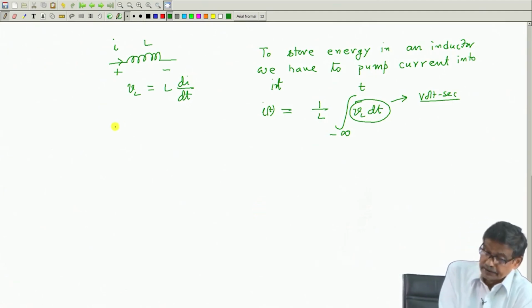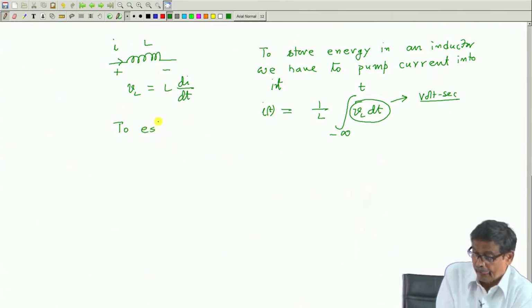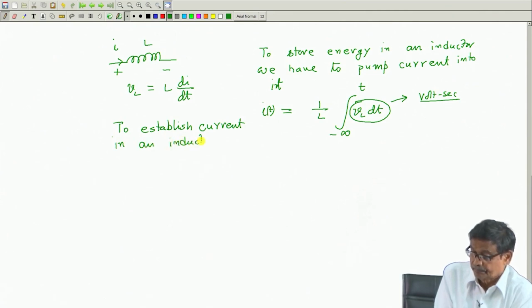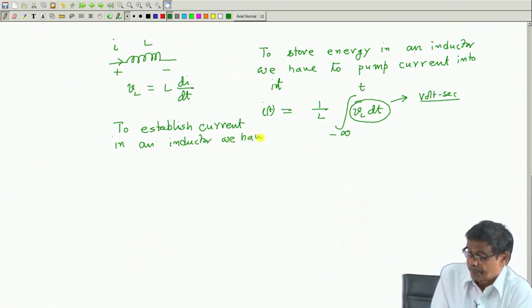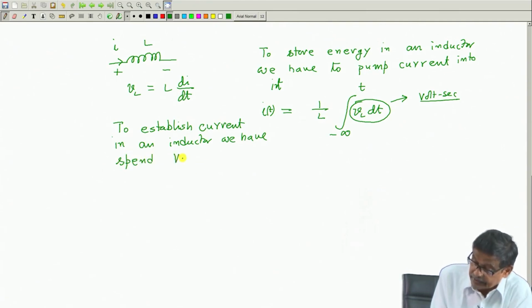So, to establish current in an inductor, we have to spend volt seconds.